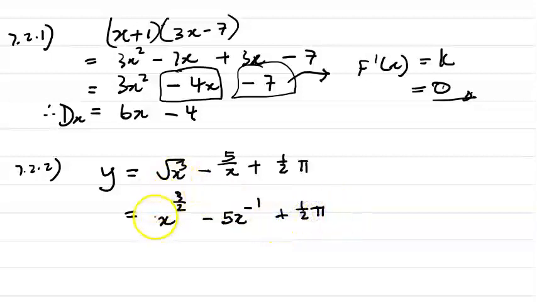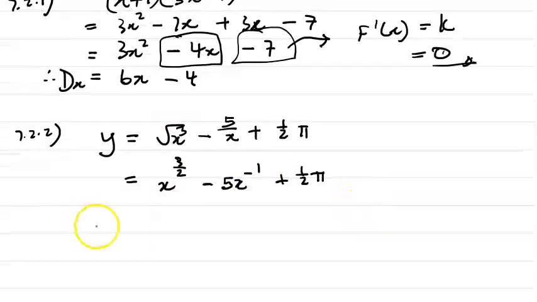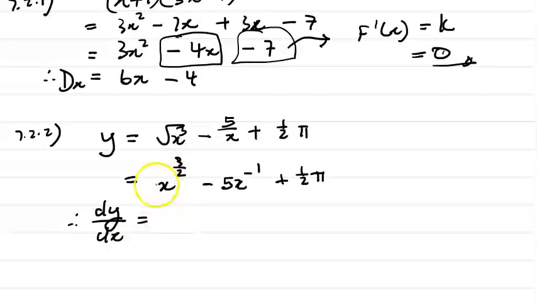So now every term is in the form kx^n, kx^n, and this is just k. So dy dx, the derivative, is now going to equal 3 over 2 times, right, the coefficient is 1 there, so it will be 3 over 2 x to the 3 over 2 minus 1. 3 over 2 minus 1 is going to equal half.